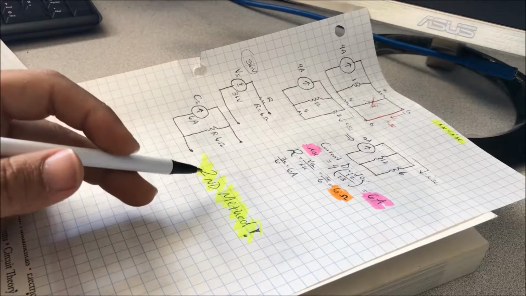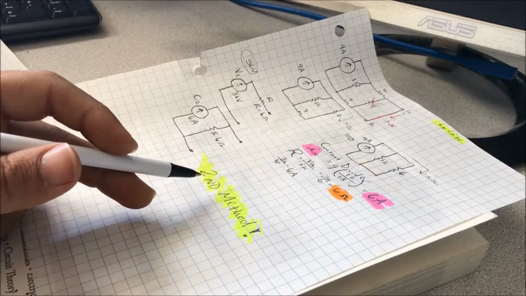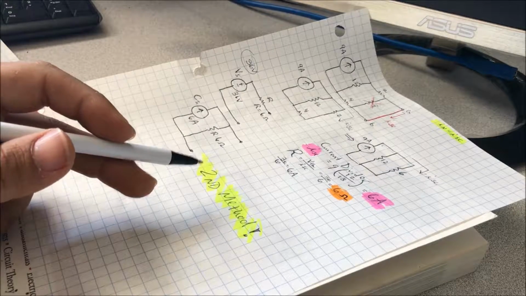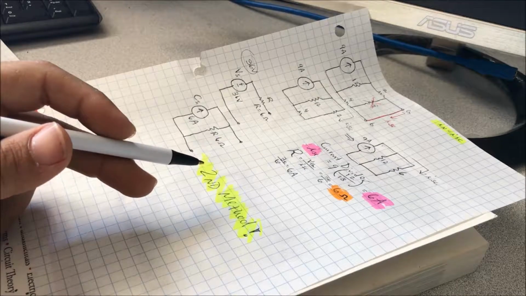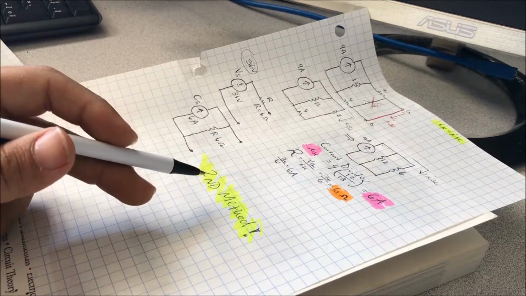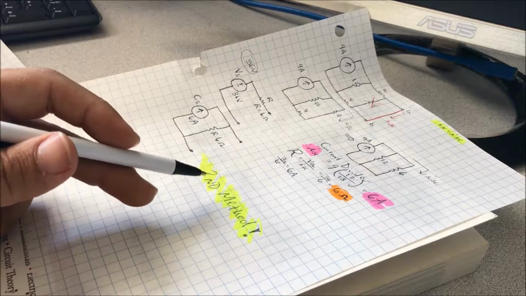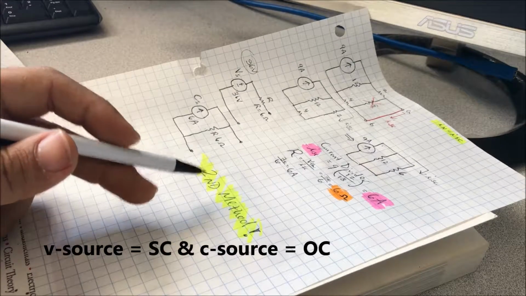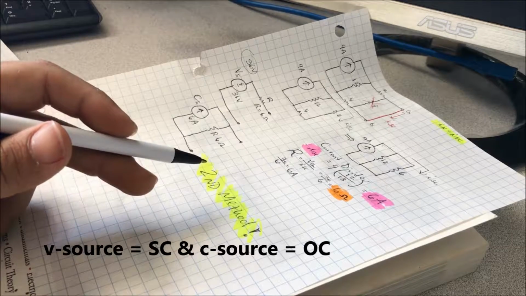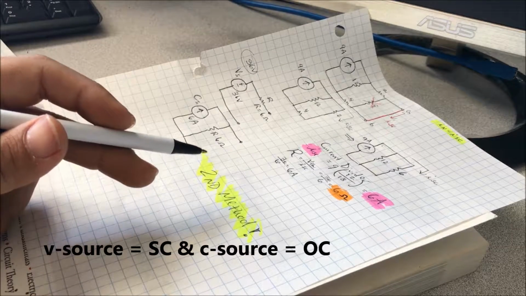So there's also a second method that you can do to find the equivalent resistance, and that is to remove all independent sources. This only works if your circuit has independent sources. If it has dependent sources, it will not work. So with independent sources, a voltage source would be shorted and the current source would be open.